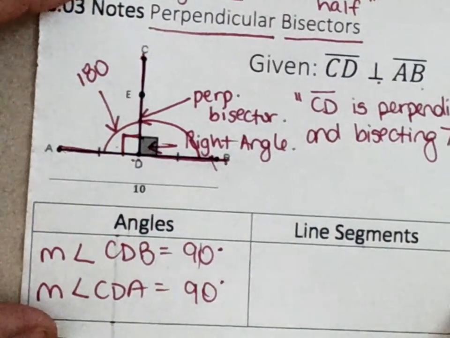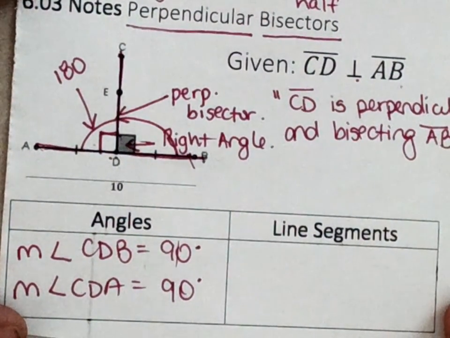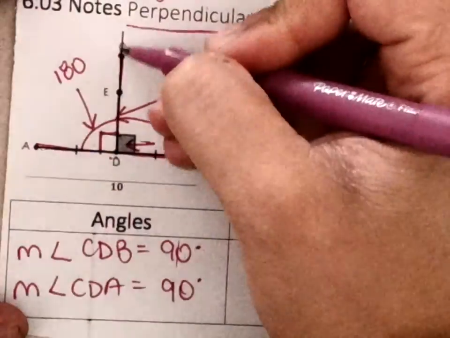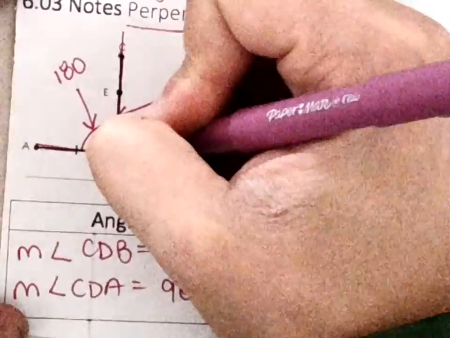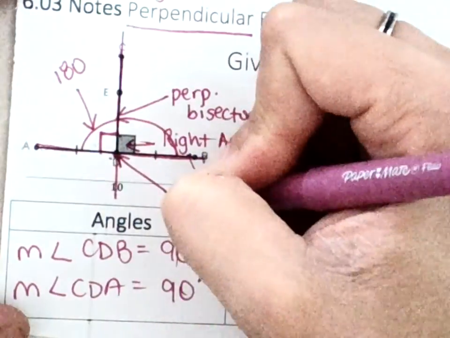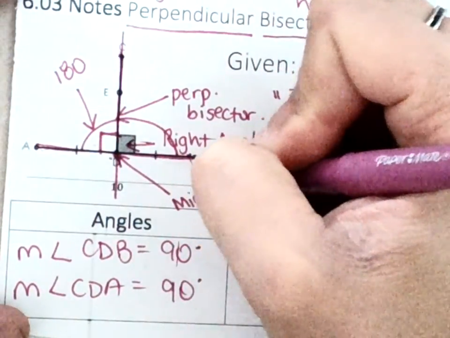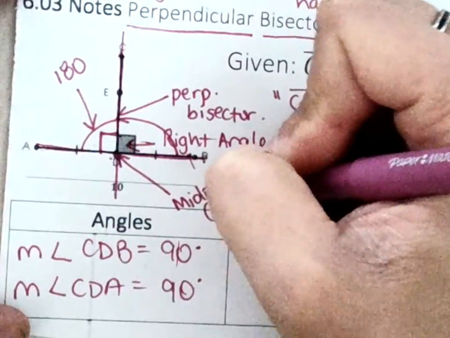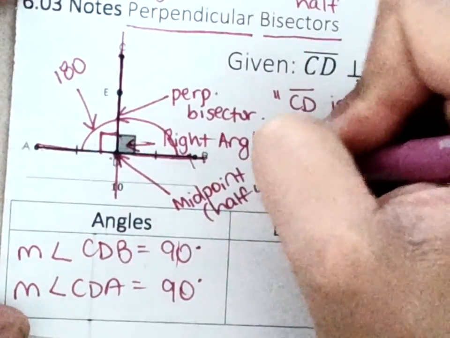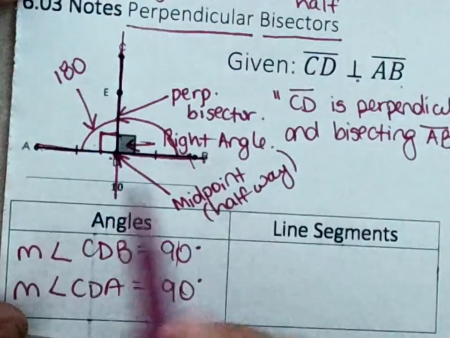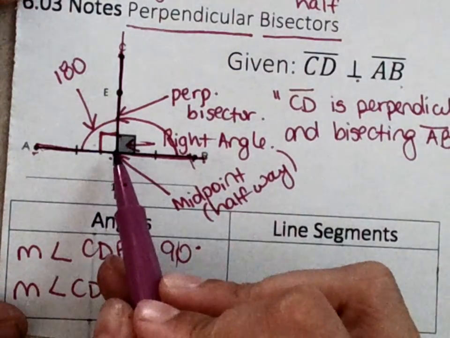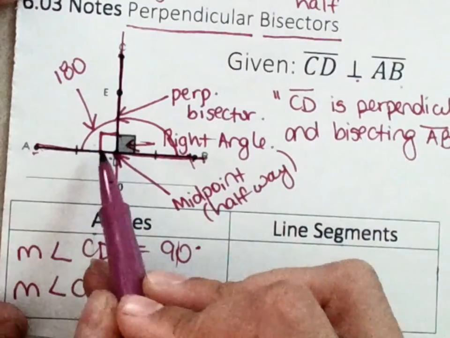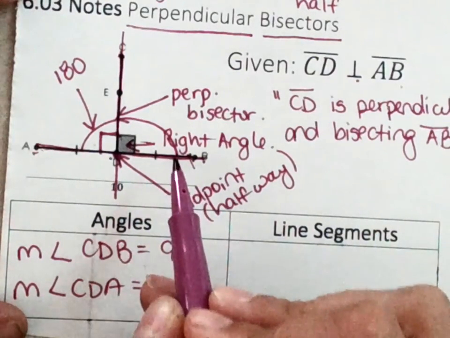Now for the line segments, there's a few things. We know that this is cutting AB in half. D is our midpoint, which is halfway between the two ends, A and B. If this is our midpoint, we can conclude that this line segment and this line segment are equal.